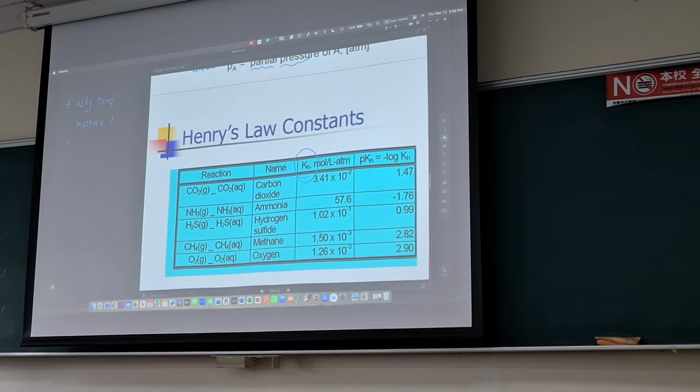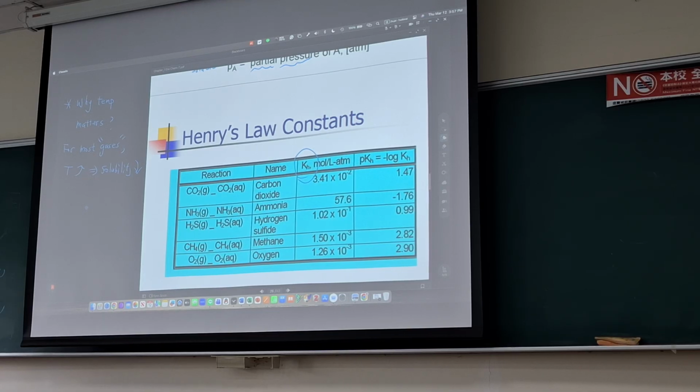Not for all gases, but for most gases, as temperature increases, solubility decreases. I mean gases, not solids or liquids. Most gases, as temperature increases, solubility decreases. 大部分的气体那个温度增加，溶解度减少。Okay.